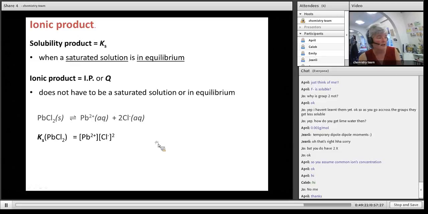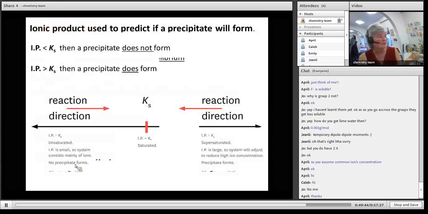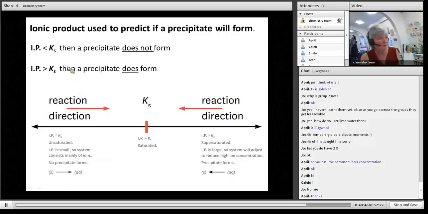Okay. My ionic product is done in exactly the same way. The only difference is I can't assume that this is an equilibrium. Okay. So, but it's done, you work it out in exactly the same way as you did the Ks. So, let's do some examples of how we would use this.